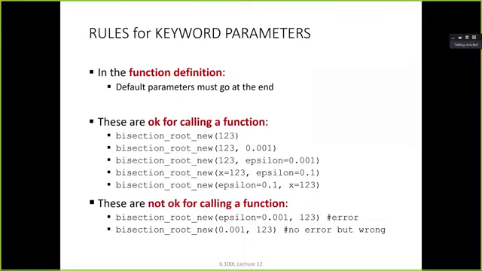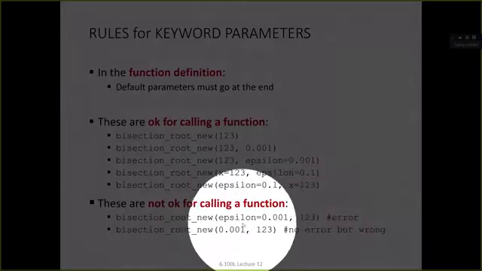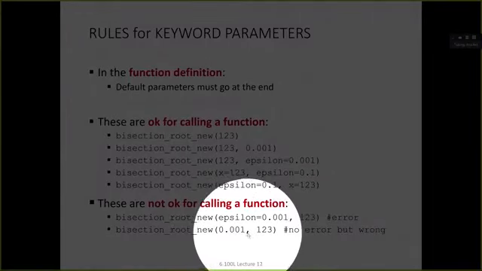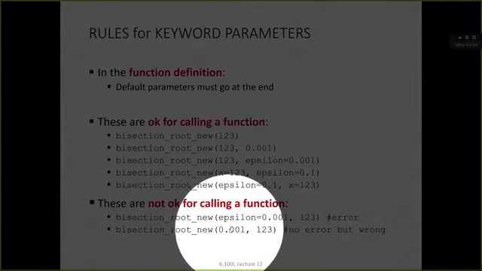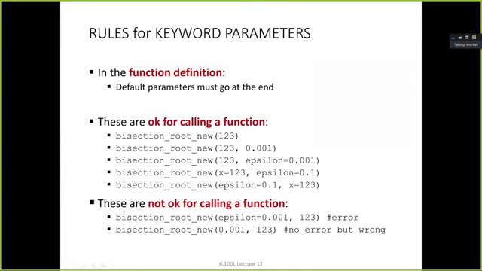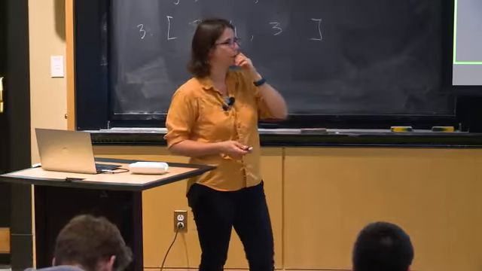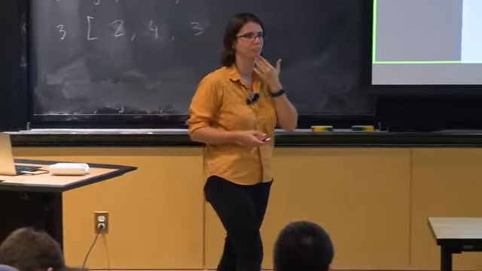And the last one doesn't actually give an error, but remember, Python matches parameters one by one. So it's actually going to find an approximation to the square root of 0.001 to an epsilon of 123, because it's just mapping the parameters one at a time. That's not an error, but it's not exactly what we wanted to do. Okay. Questions about this?